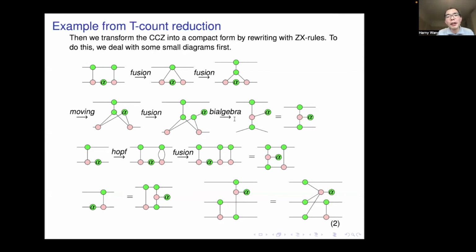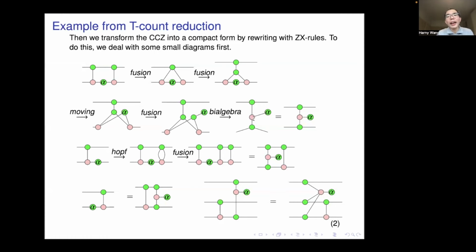I replace this part with this part, the other side of the bialgebra rule. When I do this replacement, it is called rewriting. The other parts stay unchanged. That's how I use a rule to do rewriting.